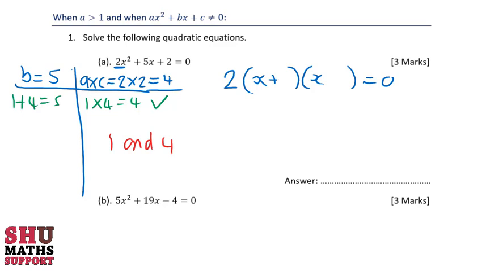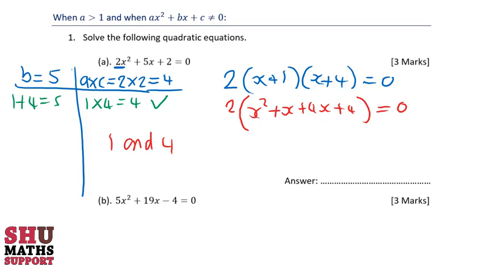The only problem is, if we put our numbers we found straight in there like this, so we have x plus 1 and x plus 4, when we expand that out, which I'll do now, we're going to get 2 times, so I'll just do another set of brackets, x squared plus x plus 4x plus 4, which is okay.